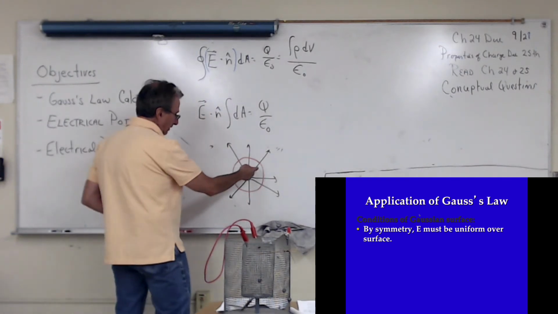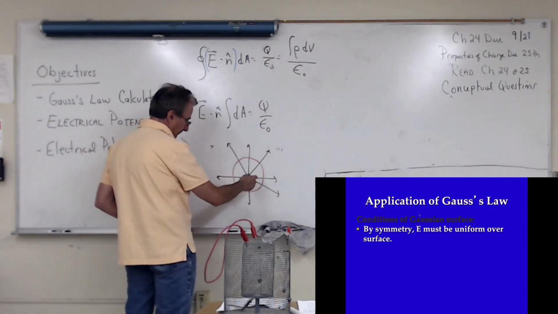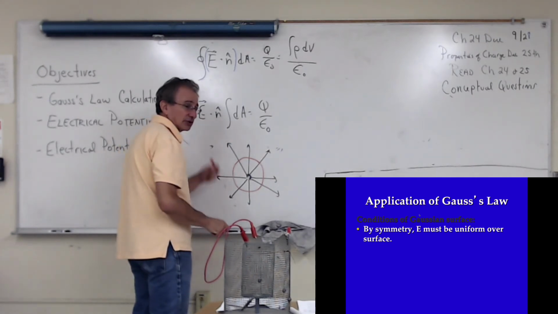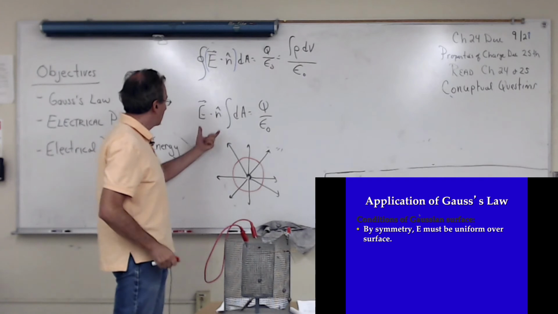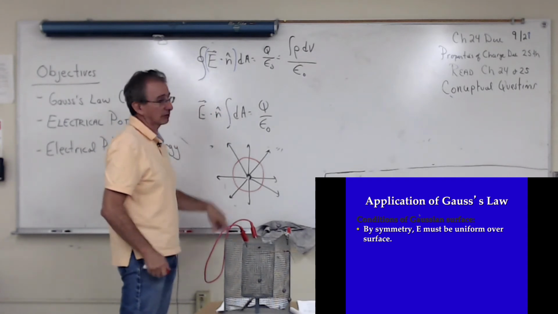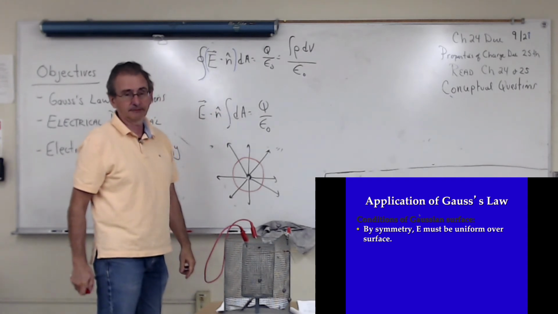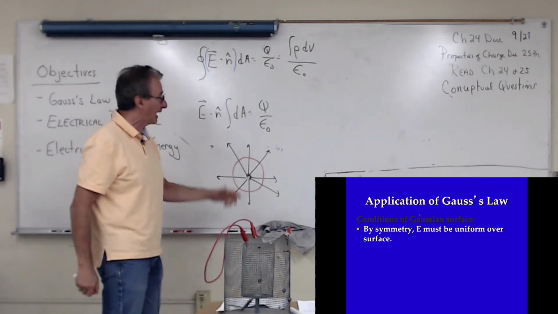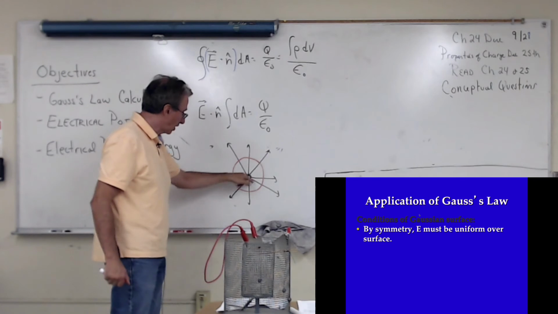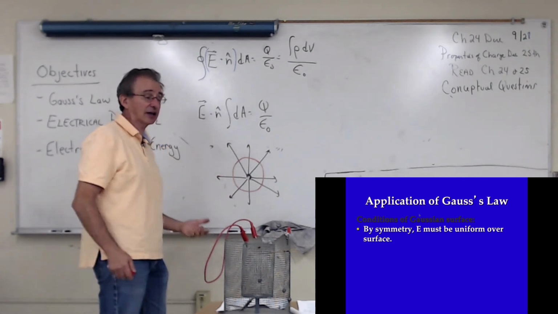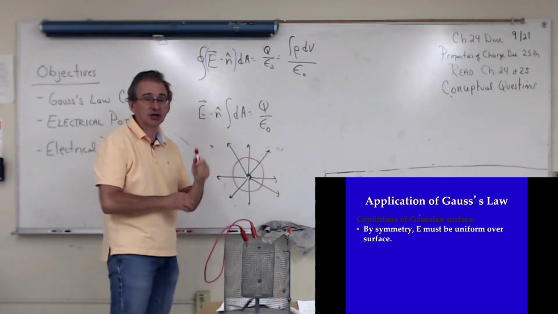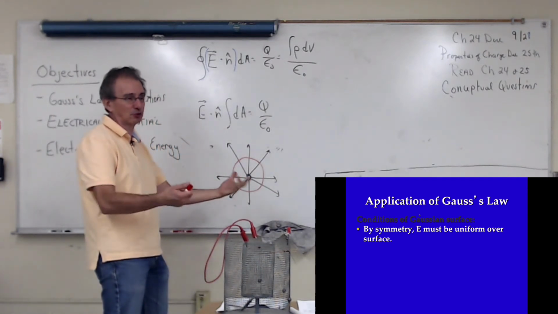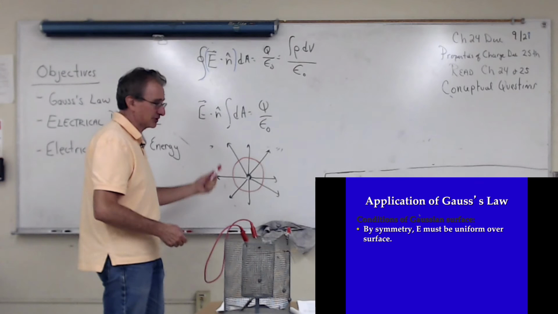That means the electric field is the same all the way around. And the angle between the electric field and the normal to the surface is also the same. So then I can pull the E dot n out of the integral, and use the surface I've drawn to calculate the electric field due to the point charge. I don't have to use kq over r squared. In fact, I would end up deriving kq over r squared using this idea.